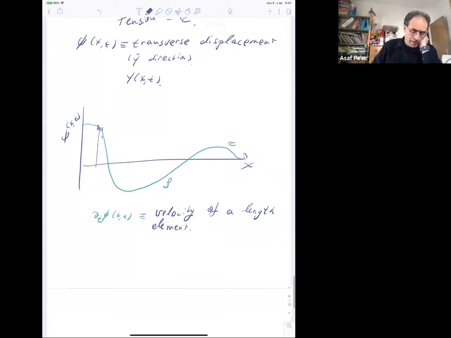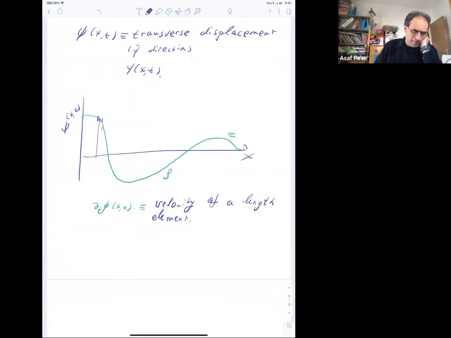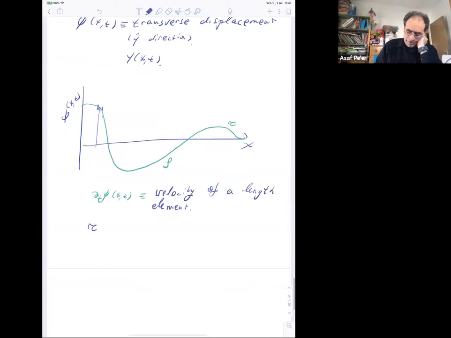Now tau is the tension. So tau dx phi, what am I doing? Tau dx phi is just tau tangent theta, where theta is the angle from the x-axis.